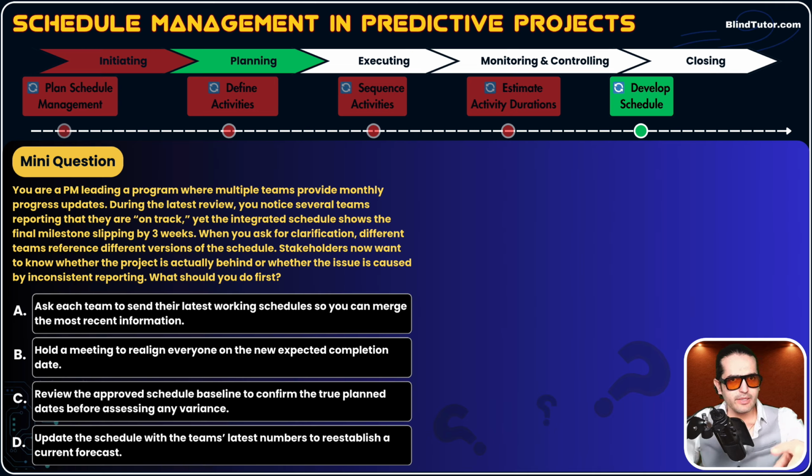Now, the question is telling us team members are referring to different versions of a schedule. When you're reviewing a schedule, guys, you compare your current performance, your current progress, with a reference point.